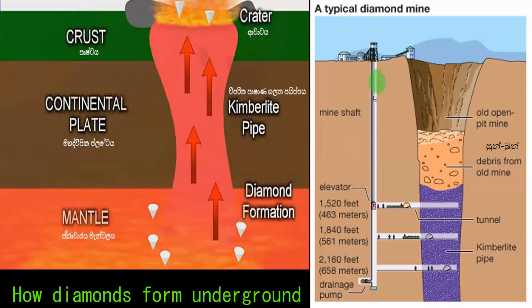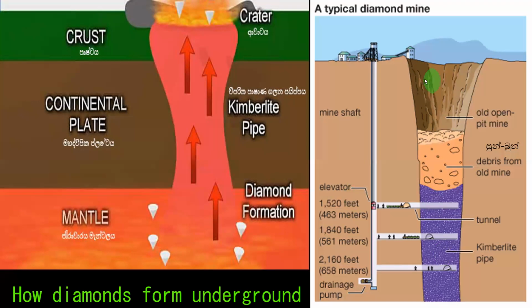Elevators are moving from here to here. Then 1,520 feet, that means 463 meters below, there is another hole. It's moving there and collecting the cooled diamonds from this tunnel. This is called kimberlite pipe.